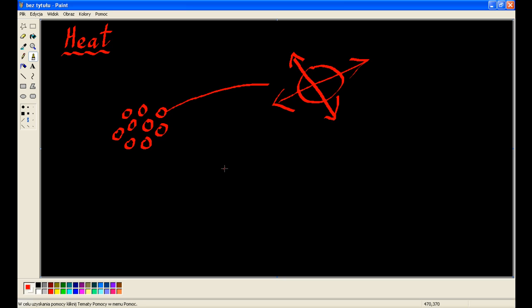Now, you might be surprised to know that all molecules are vibrating, because basically all molecules are above 0 degrees Kelvin. They are above absolute zero. So 0 degrees Kelvin is absolute zero, right?